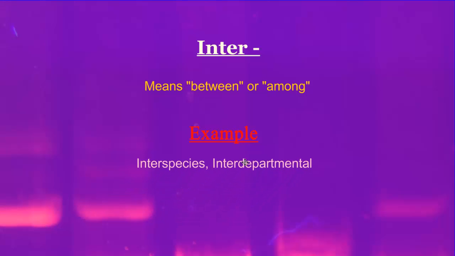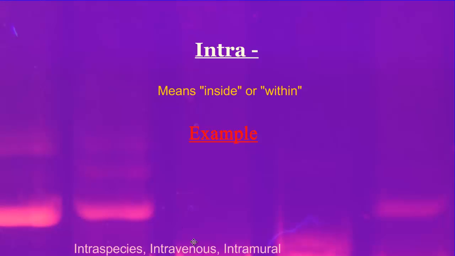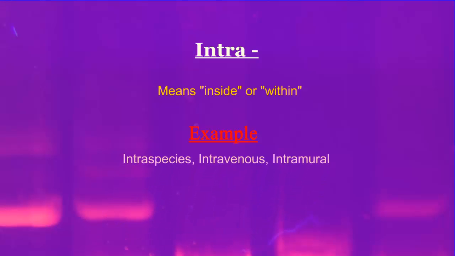You might hear it in words like interspecies or interdepartmental. And finally, the last prefix that we're introducing is intra, which is a lot like inter. Intra means within or inside. You see it in words like intraspecies, intravenous, intramural.